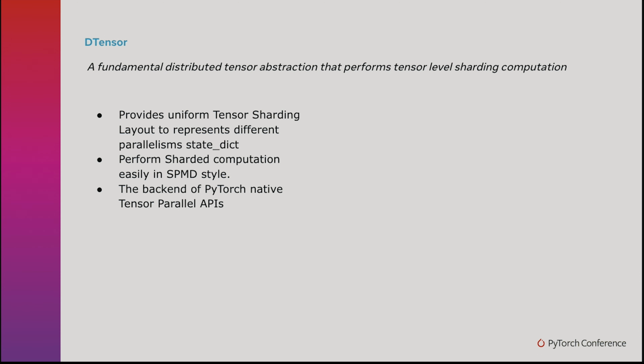First, it provides a uniform tensor sharding layout to represent different parallelisms and their states, right? And secondly, it also allows users to perform sharded computation easily in an SPMD style, without needing to write backward formulas for collectives and potentially hitting the risk of deadlock with some manual collectives.